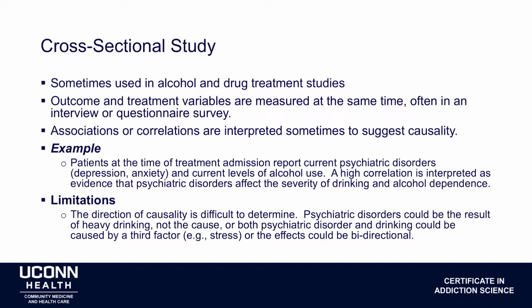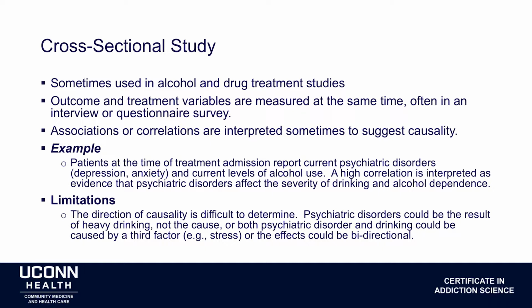So one of the problems with cross-sectional studies is that the outcomes of interest can be interpreted sometimes in both directions. And what we would need is either a prospective cohort study in order to sort out the causal direction of these variables, or some other research design that would allow us to make better causal inferences.